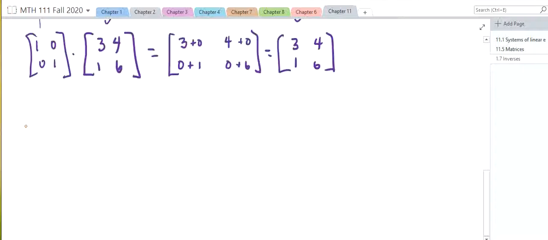We have another matrix that I'm just going to call the inverse matrix, and you're just going to have to believe me that it exists. The way the inverse works is if you take a matrix and multiply it by its inverse, you end up with the identity matrix.